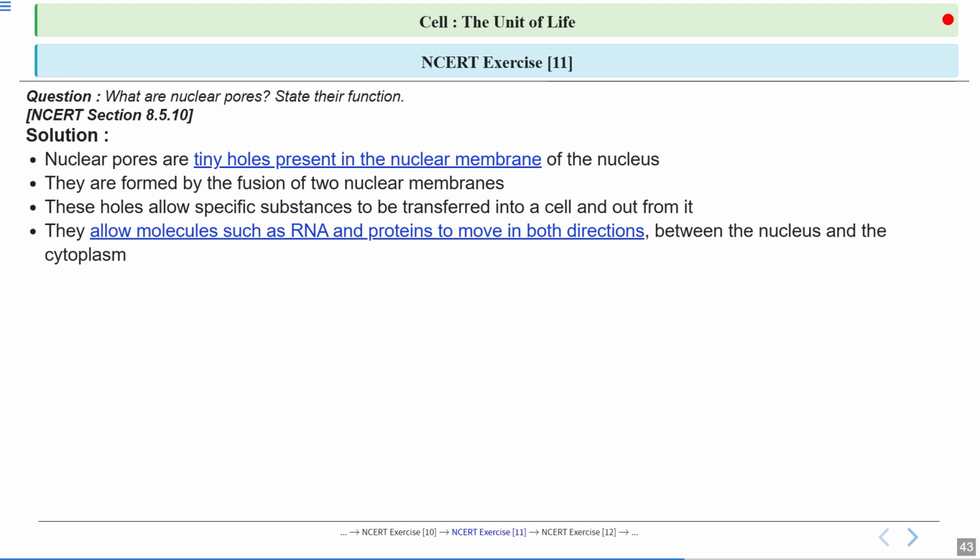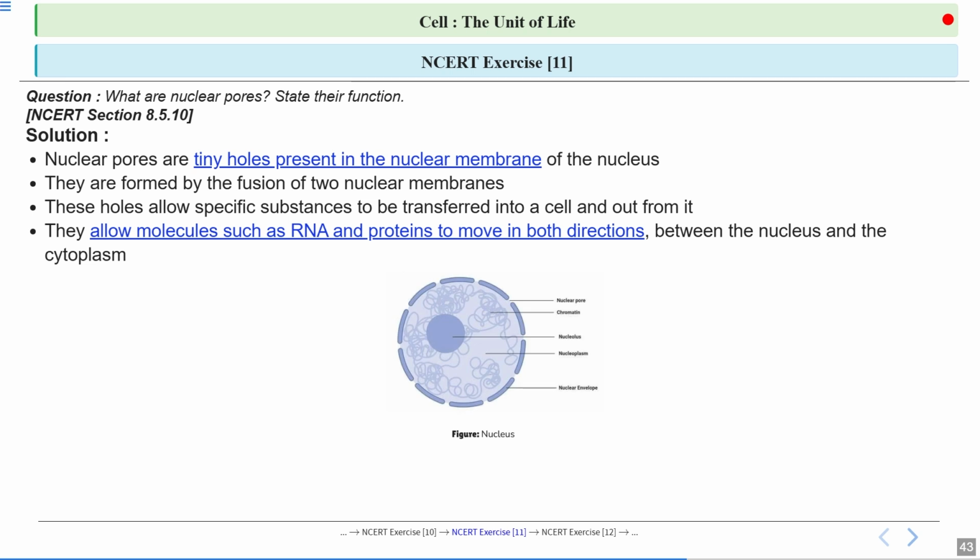Some of the proteins also enter into the nucleus, and some of the proteins leave the nucleus as well through these nuclear pores. So these pores allow molecules such as RNA and proteins to move in both directions between the nucleus and the cytoplasm. So there is exchange of material between the nucleus and the cytoplasm.